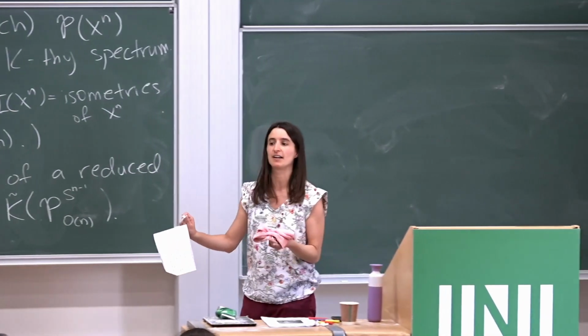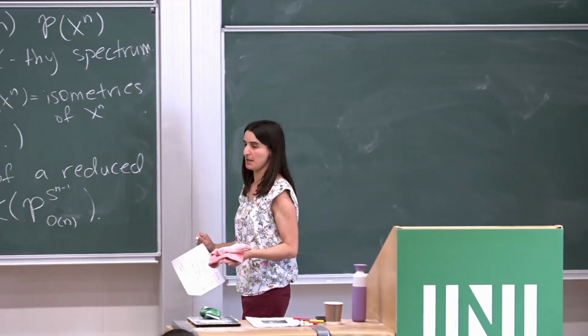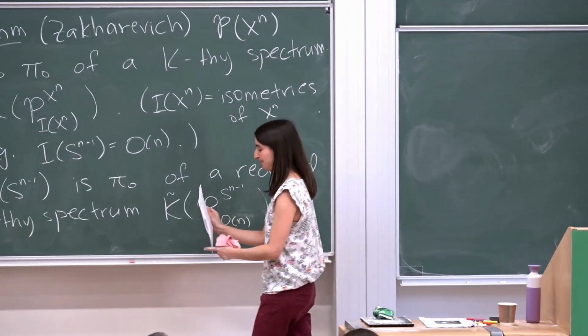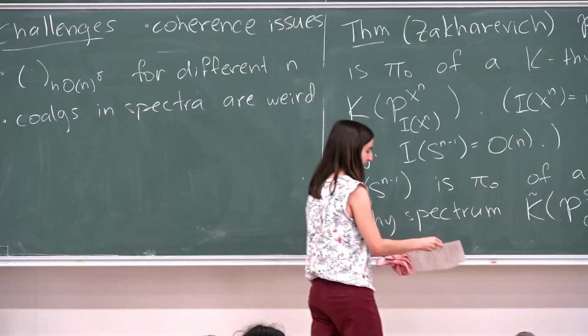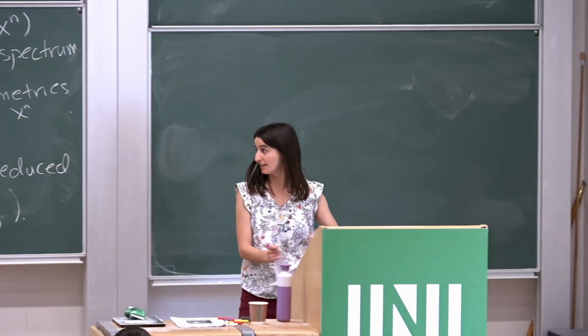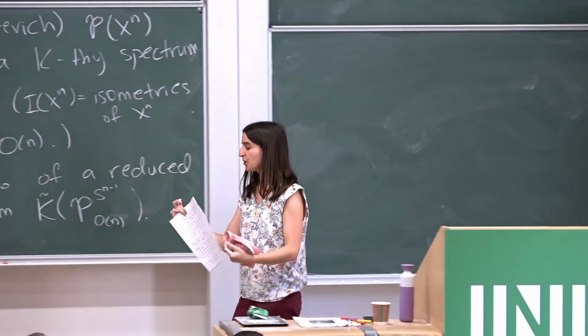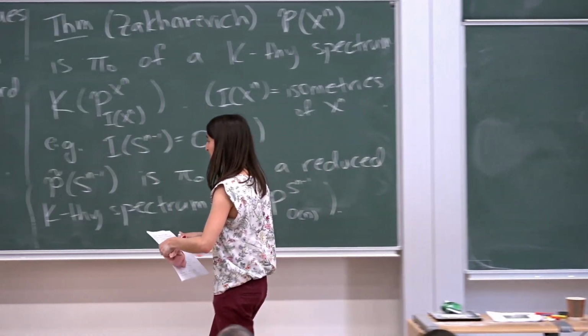That's just not going to happen. We're going to have to give up on that and go for something that's maybe co-E1. Yes, so those are some challenges that we were faced with.